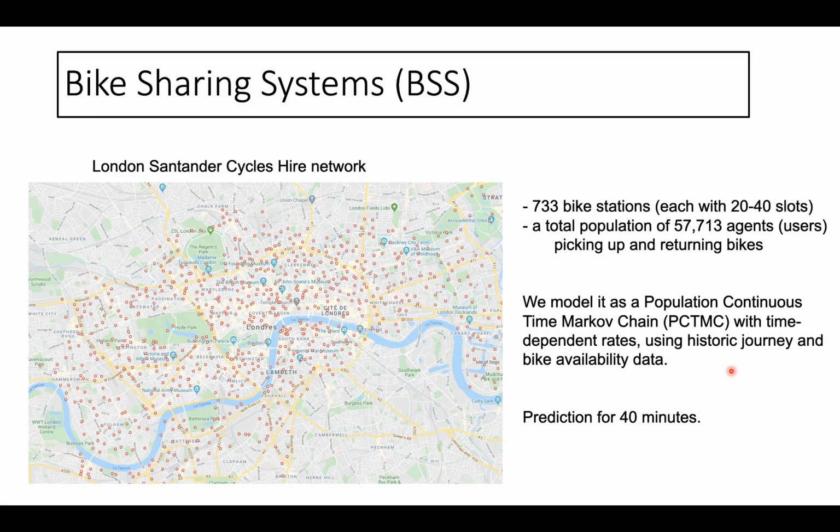Given the number of bikes and free slots in a station at a certain time t, the model can compute the probability distribution of the number of bikes and free slots in the next 40 minutes. So it can predict the evolution of the system for around 30 to 40 minutes.